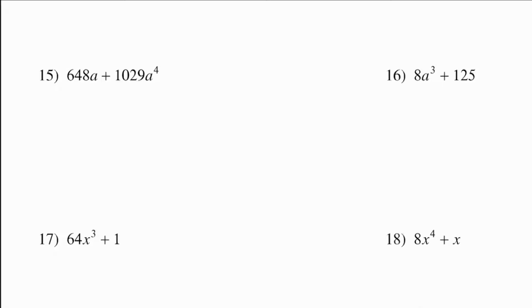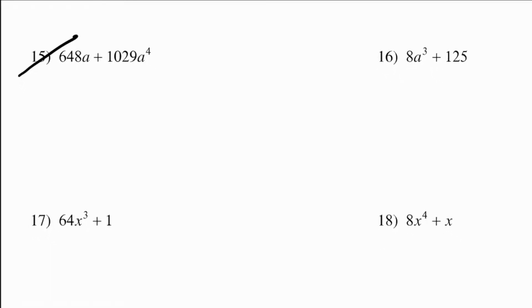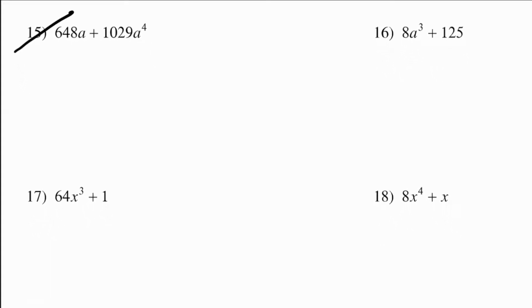So if I divided it by 3, I'd get 300 and something. But I'm just going to go ahead and say that we're in a no calculator class, so I'm saying that this one's not reasonable. I see that you're supposed to be able to factor out an a. Maybe 648 and 1029 have a common factor in there somewhere. Maybe they both have that 3, but I don't care. That's not realistic. That's not representative of a problem I would give you in my class.